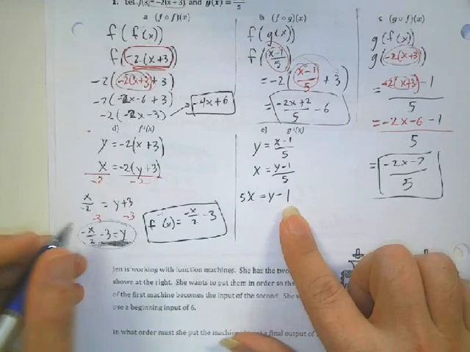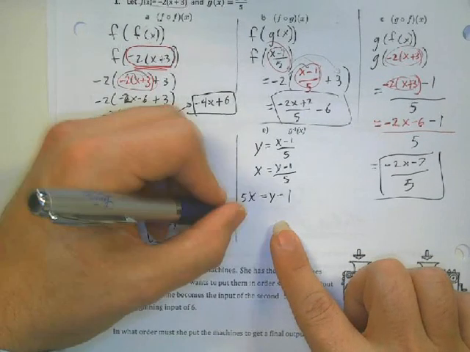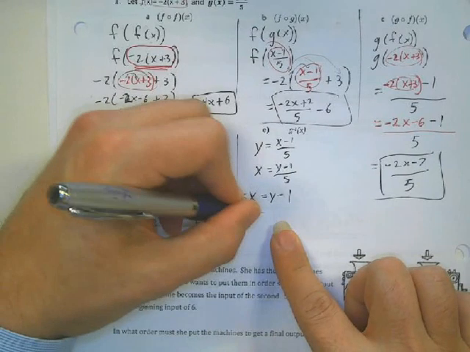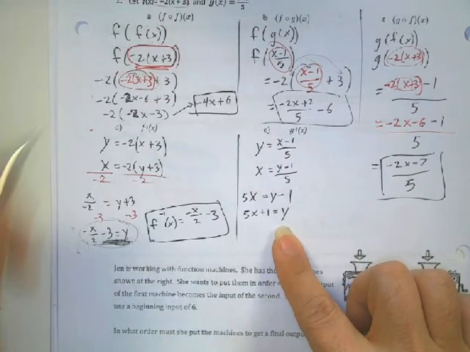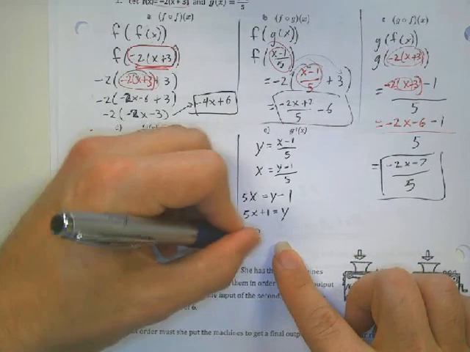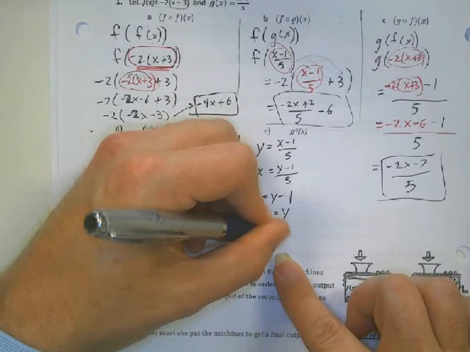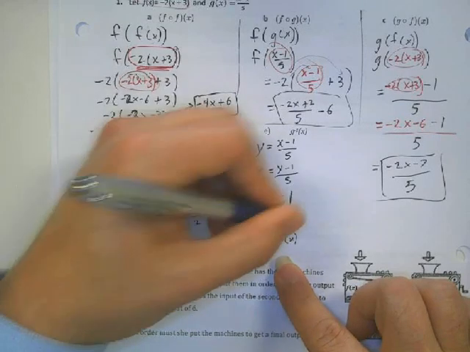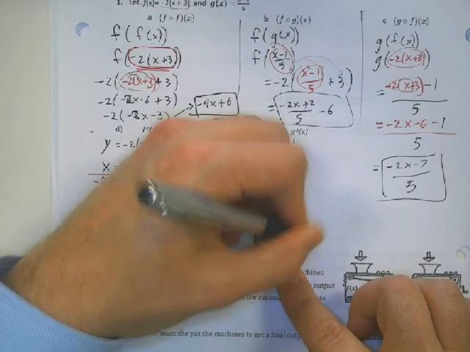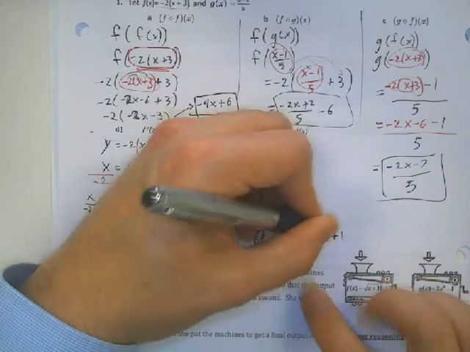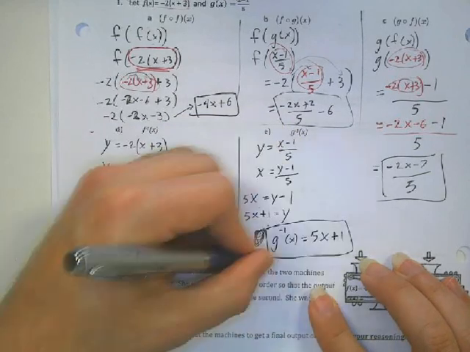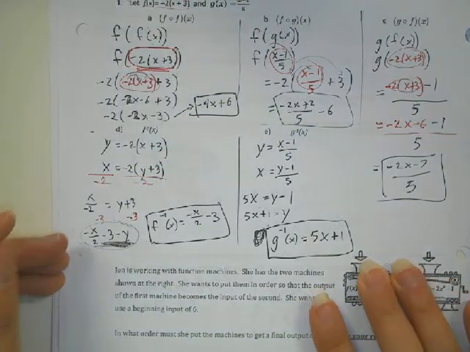And then we can add 1 on both sides, and I get 5x plus 1 equals y. And so my inverse function, this is g, is equal to 5x plus 1. Okay.